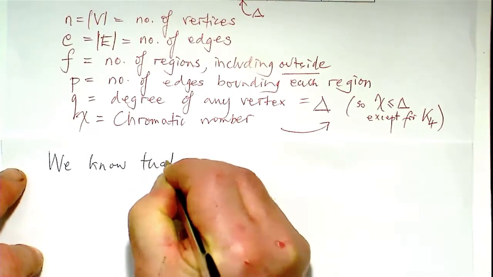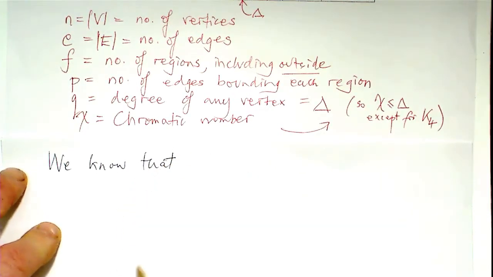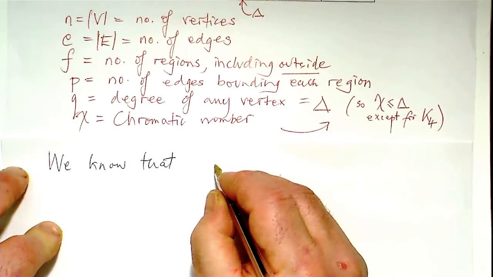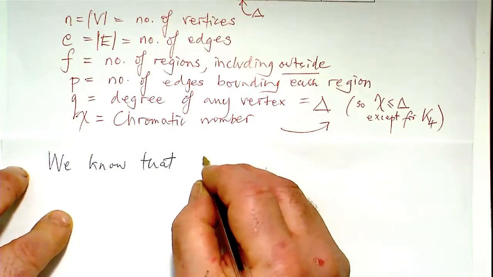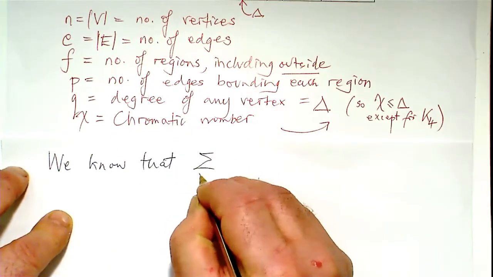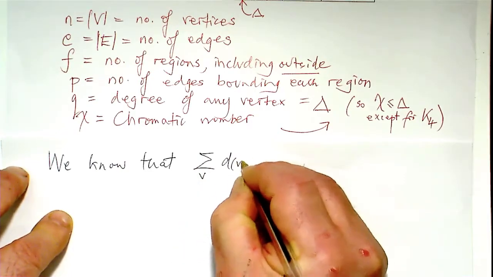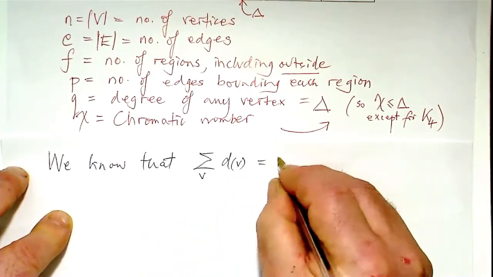In any graph, if you take the vertex degrees, we know the general formula: the sum over the vertices of the degree of each vertex is equal to twice the number of edges.